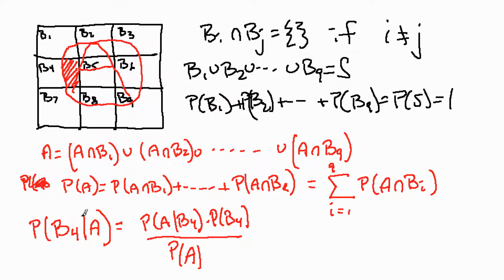In fact, I don't like the way I said that. Let's come over here and say that this is going to be equal to the probability of B4 intersection A. I'm making all sorts of mistakes here. I do apologize. Let's start this all over again.